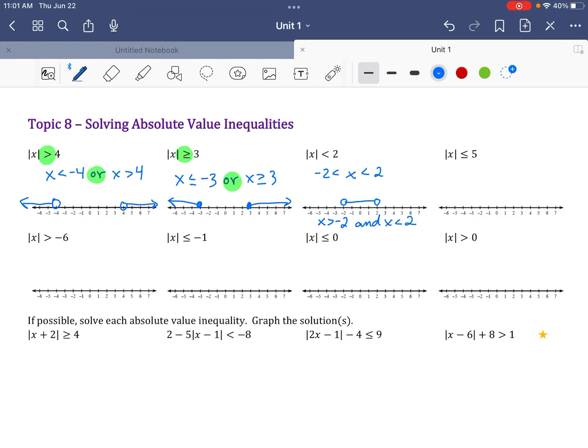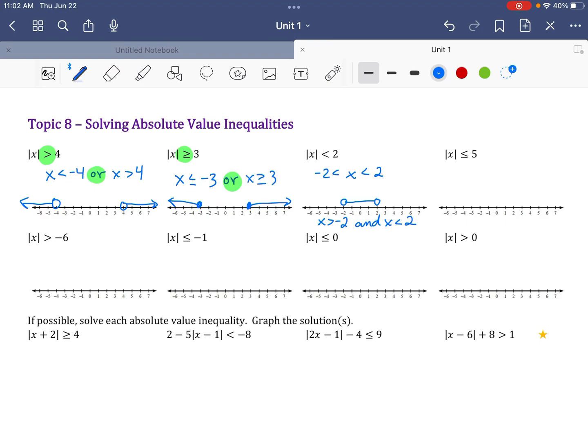So that way your statement kind of looks like these other ones that we've done before, having two pieces. But notice that this means the same thing, but you're putting the word and instead of or, because you want it to be less than 2 and at the same time be greater than -2, so it contains this little area right here.